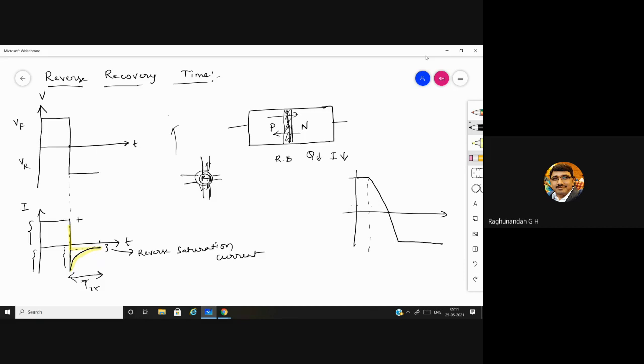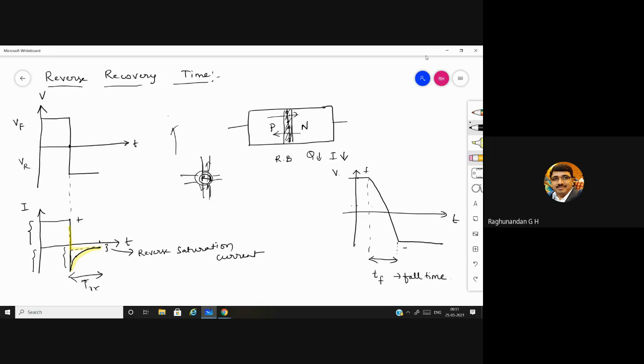This transition time for changing from positive to negative voltage, this is the voltage level and this is the time. It will not suddenly go like this. It will take some time to move from the positive level to the negative level. That time is known as fall time.